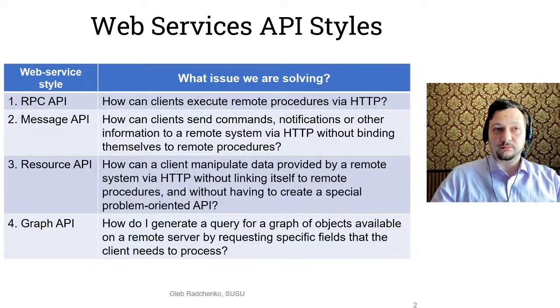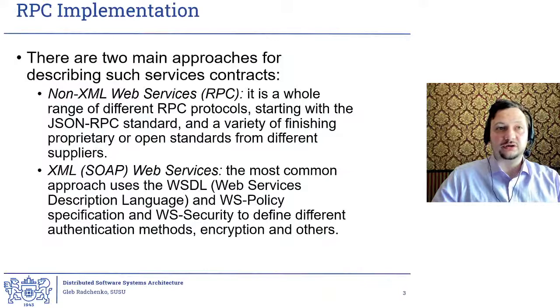As we discussed in our previous lecture, we have four ways to organize web services APIs, and we will start with working with RPC API today. Today we will cover two main approaches to organization of RPC API.